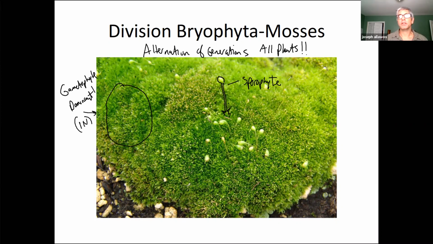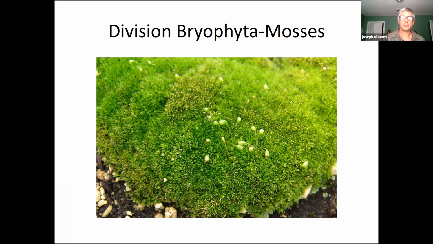In fact, the sporophyte generation, the diploid generation, is somewhat parasitic on the gametophyte, if you think about it. Okay, so that kind of explains the mosses, and we'll touch a little more on the life cycle in just a second. Now, liverworts, you may not be familiar with them. They're rather strange looking organisms.